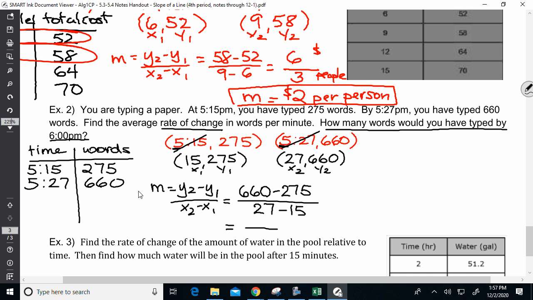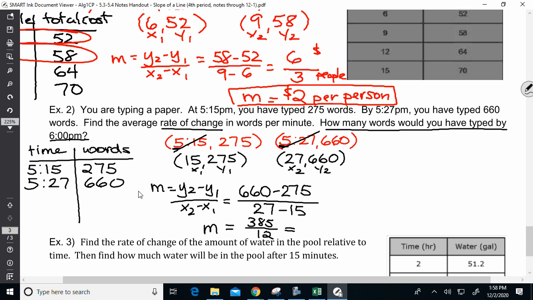All right, so 385 divided by 12. Sounds like we're probably going to get a bit of a decimal here. So what are we going to get?